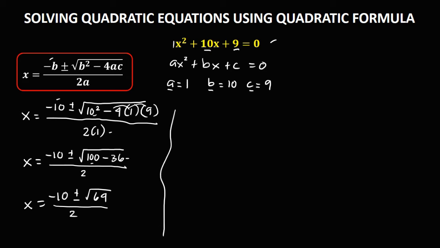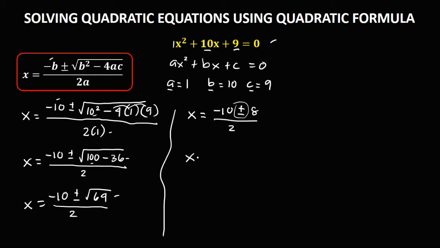Then simplify, so we have x equals negative 10, plus minus the square root of 64, that's 8, over 2. So we can separate this equation.